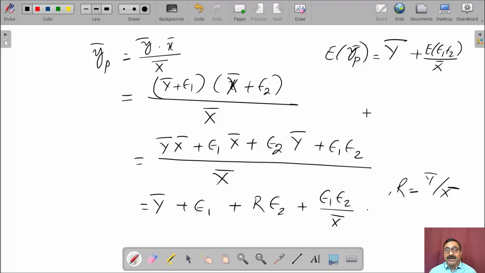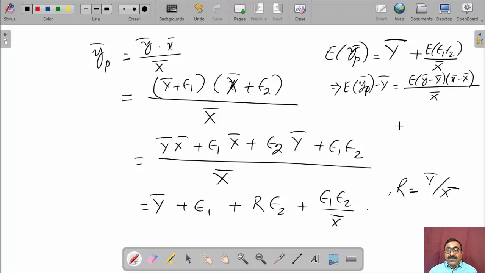So this implies expectation of Ȳ_p minus Ȳ equal to expectation of (ȳ minus Ȳ)(x̄ minus X̄) by X̄.